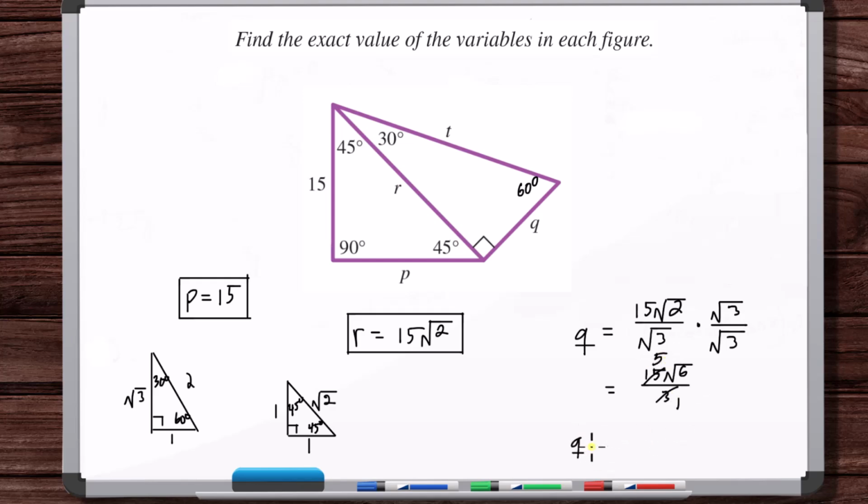So Q is equal to 5 root 6. Now the hypotenuse is twice the leg connected to the 60-degree angle. So T is going to be 10 root 6. See? And there are the 4 variables.